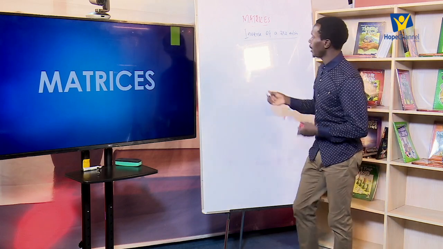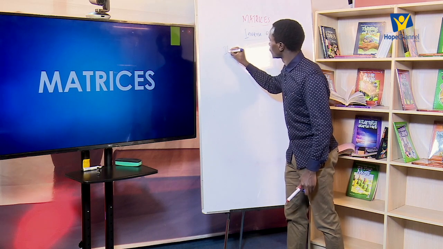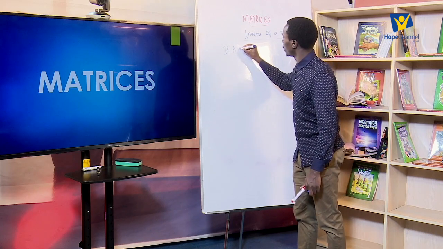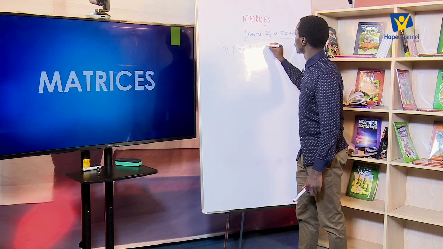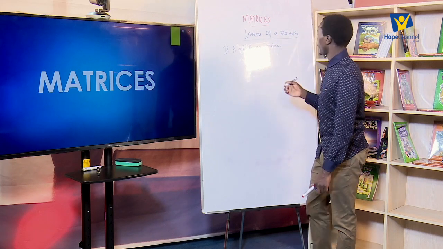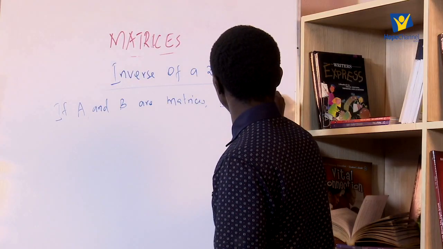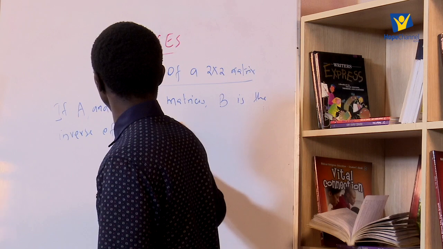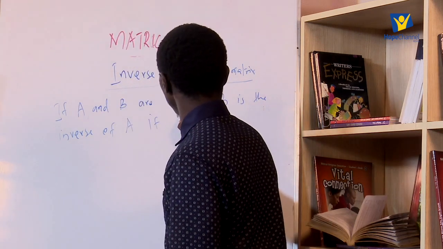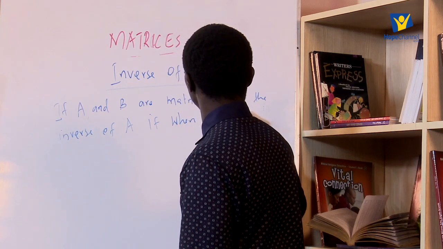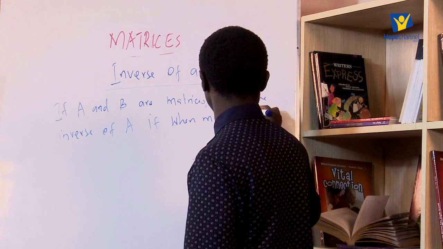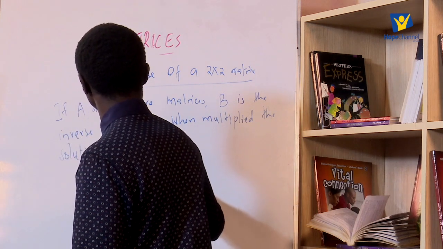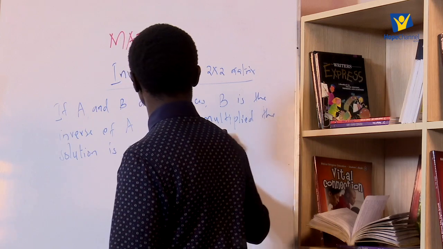Now, if we have a matrix, maybe A and B, if A and B are matrices, B is the inverse of A if, when multiplied, the solution is an identity matrix.